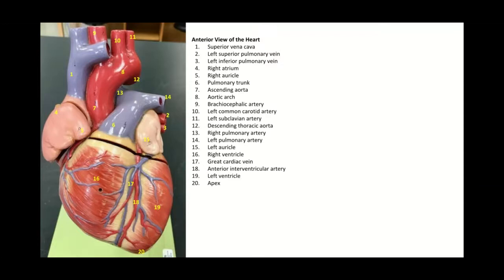Here I should note that the origin of your pulmonary trunk is the right ventricle, and the origin of your aorta is the left ventricle. The right side of your heart works with deoxygenated blood, and the left side of your heart works with oxygenated blood. The other things which you can see in the anterior surface are number 5 and number 15.